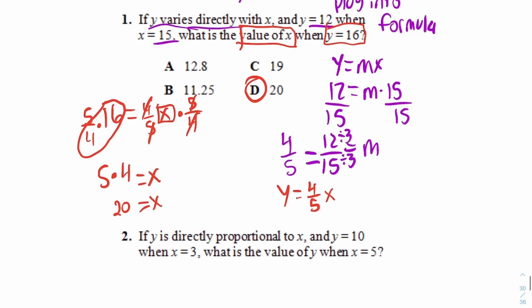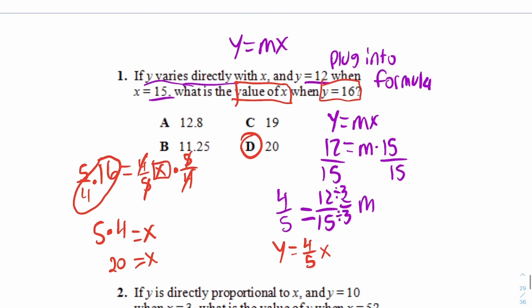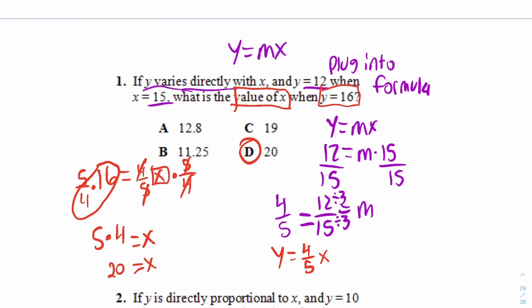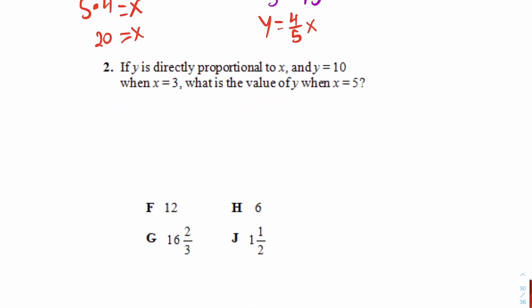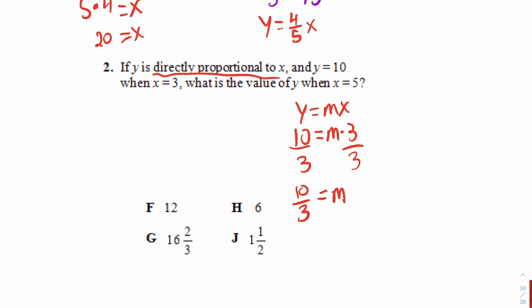It seems like we did a lot of math, but really we just used y equals mx twice. Let's do it again. Y is directly proportional to x. That means we can use the formula y equals mx. Let's put y where y goes, and x is going to be 3. Divide by 3. M equals 10 over 3. So our new formula is y is equal to 10 over 3 times x.